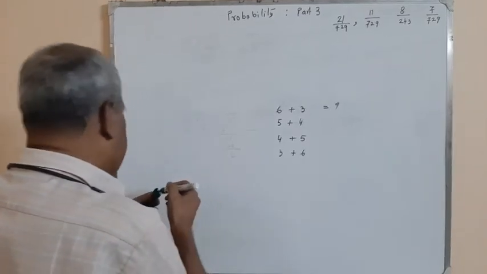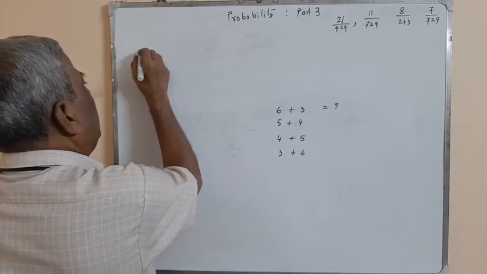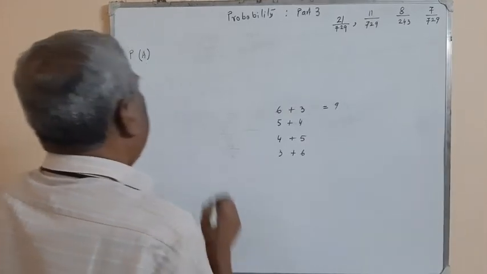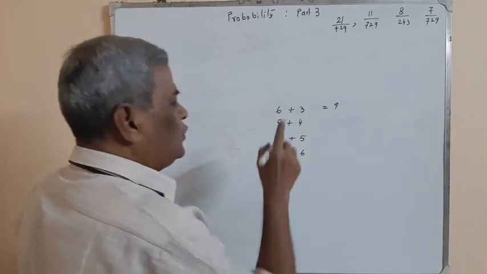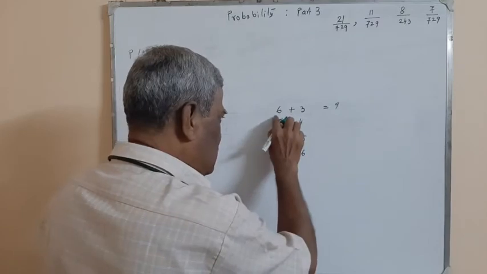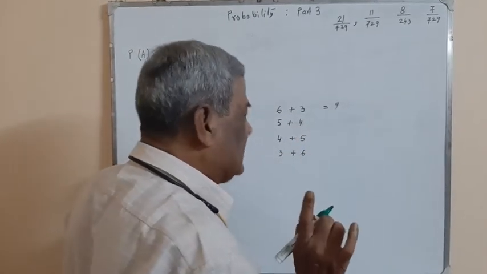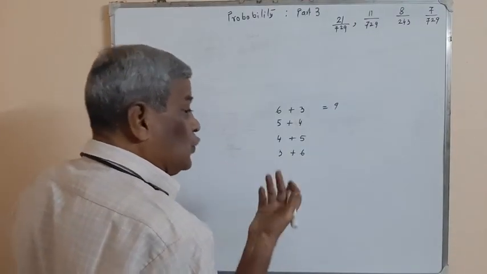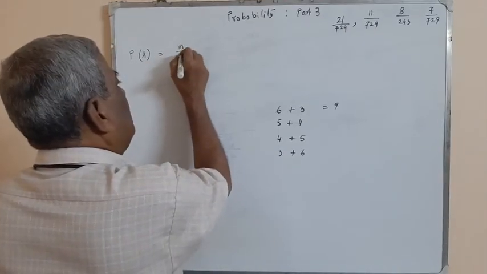Okay, next, let us suppose A is the event of getting a score of 9. Now let us see what is the probability of that. So this is one possible case, second, third, fourth. 4 possible cases are there. So probability of A, that is getting a total score of 9, is of the type m by n.